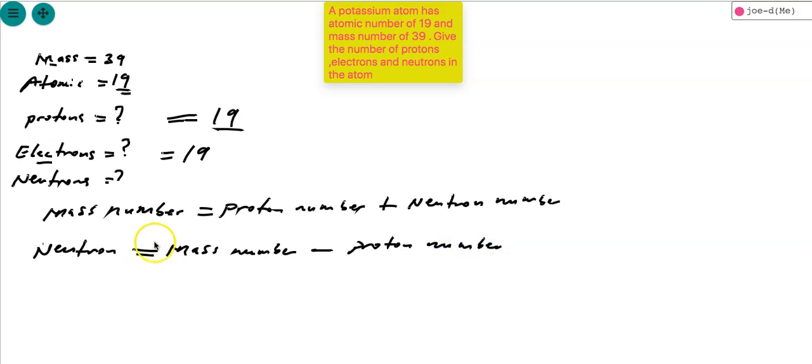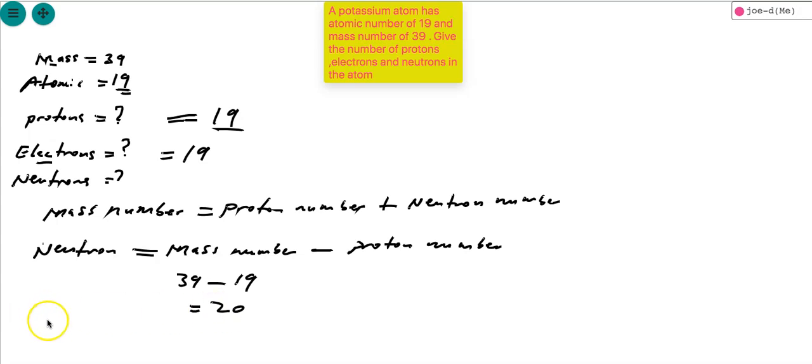So let's go ahead and put the figures in. Our mass number is 39 and our proton number is 19. Okay? Now if we work that out, what are we going to get? We're going to get 20.